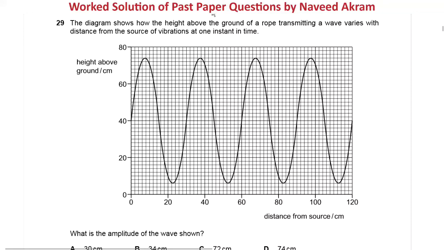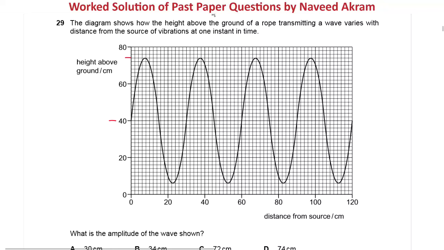So here we have the mean position at 40 and the crest is at this mark. One small box represents 2 centimeters, so we will count the boxes and then apply the scale to find the amplitude in centimeters.